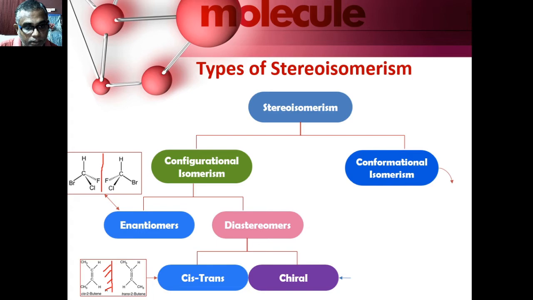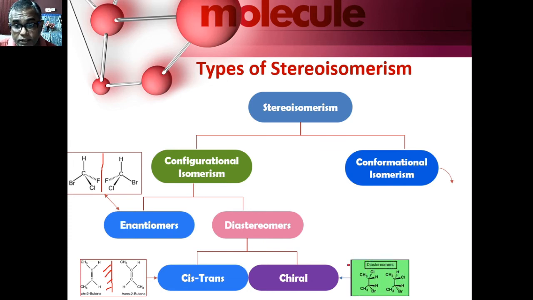Diastereomers are also classified as cis and trans isomers. We can see here a cis-2-butene and a trans-2-butene. They form a pair of diastereomers, and they also come under the class of geometrical isomers.